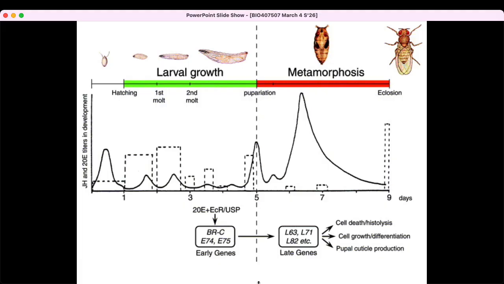The other kind of response is some hormones require continuous presence. And that endocrinology term for that is called a tonic response, an ongoing requirement. And that's what I was working on. Diapause involves not a ballistic molting response, but an ongoing lower level of hormone that is required for this tonic response.